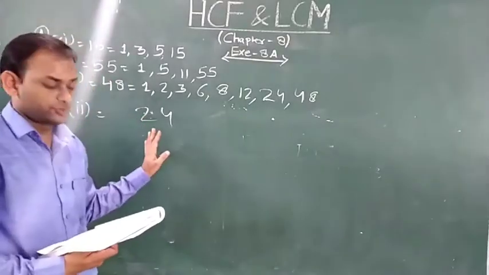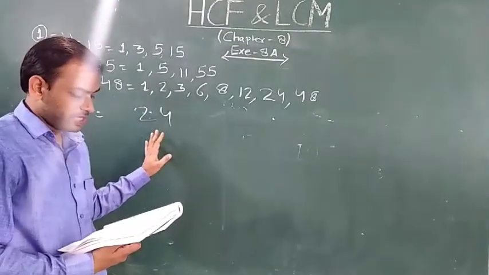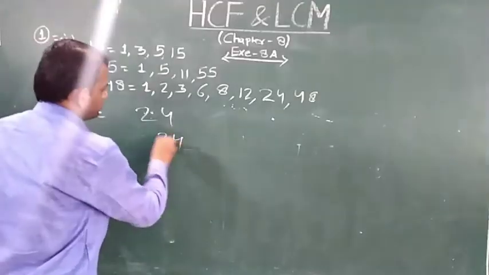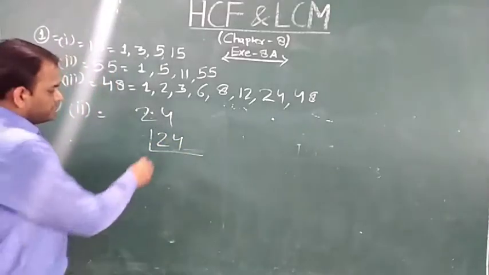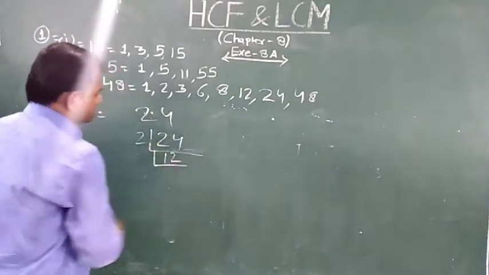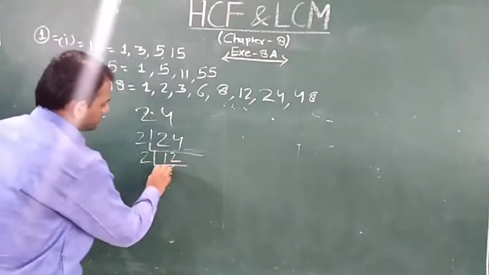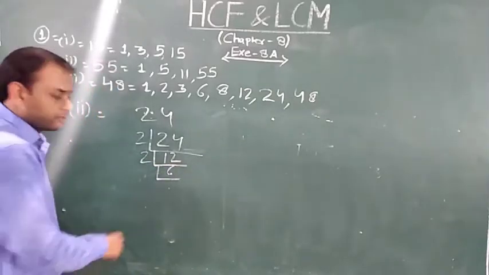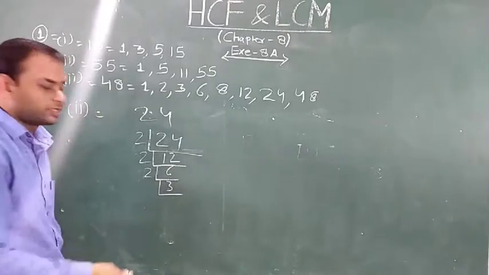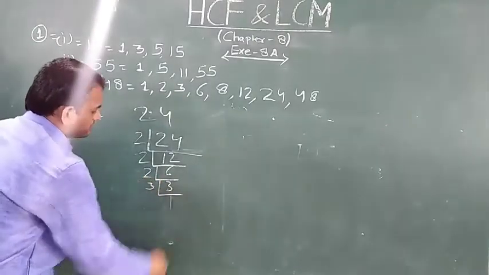We will do this question exactly as I did question number 4. 24 is divisible by 2, giving 12. 12 is divisible by 2 again, giving 6. 6 is divisible by 2, giving 3, and 3 is divisible only by 3.